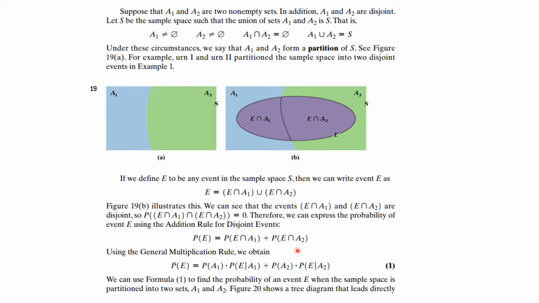Again, those are disjoint events, and for each piece we're just using the general multiplication principle, and so we get the probability of E is the probability of A1 times the probability of E given A1 plus the probability of A2 times the probability of E given A2.